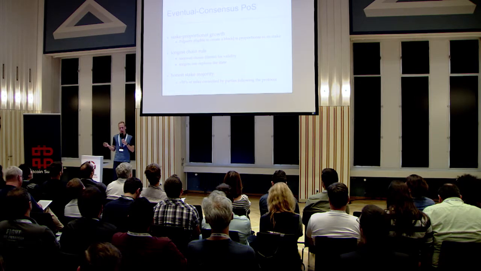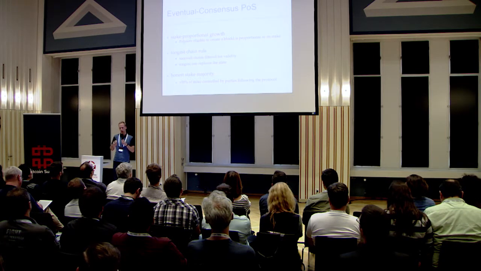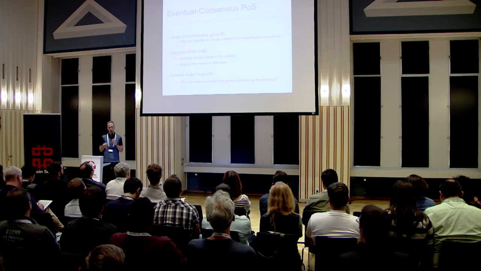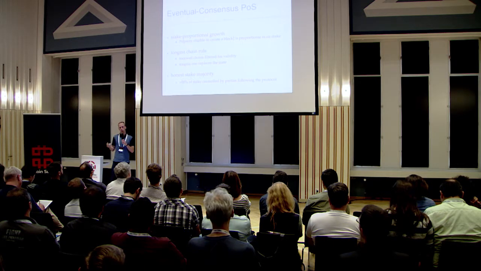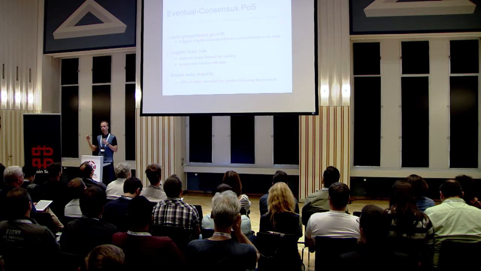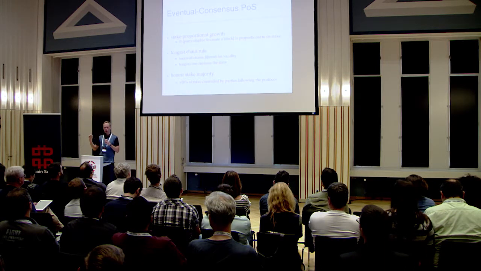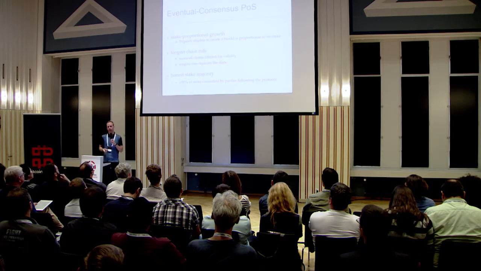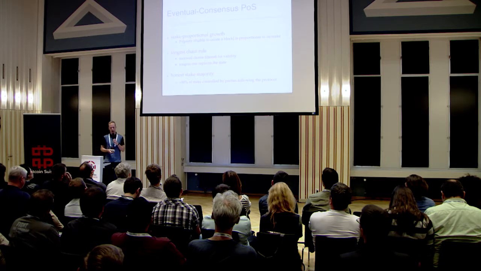And finally, a crucial assumption in all these eventual consensus protocols is the assumption of an honest stake majority, which means that more than 50% of the stake is assumed to be controlled by parties that follow the protocol. And this is akin to the majority of hashing power assumption in Bitcoin, right? There is a very clear one-to-one connection between these assumptions.